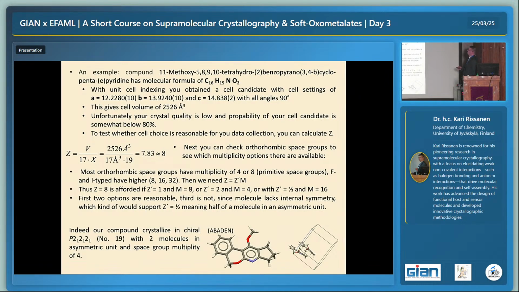So here is an organic molecule, with a rather nice name which I will not read, but it has a molecular formula of C16H15NO2. We crystallized this and got a nice crystal, put it in a diffractometer, and the diffractometer tells us that it has a certain unit cell.